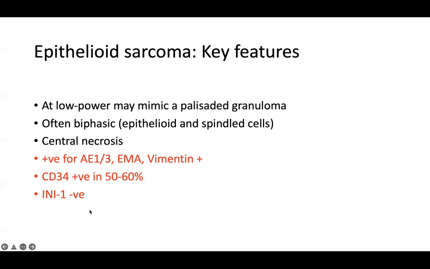Most importantly, though, INI1 is lost in the nucleus of epithelioid sarcomas in about 90%. So if you think you're dealing with an epithelioid sarcoma, it's going to be important to first stain for keratins, stain for CD34, and also INI1. If you see INI1 is lost in lesional cells, that's a very worrisome finding.